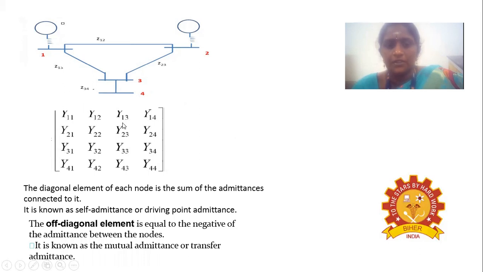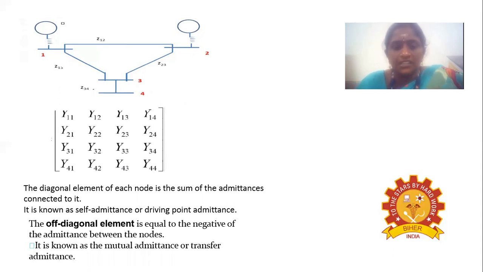Y11, Y12, Y13, Y14, Y21, Y22, Y23, Y24, Y31, Y32, Y33, Y34, up to Y41, Y42, Y43, Y44. So the matrix size depends upon the number of buses. If the system has 3 buses, then the matrix size will be 3 cross 3.